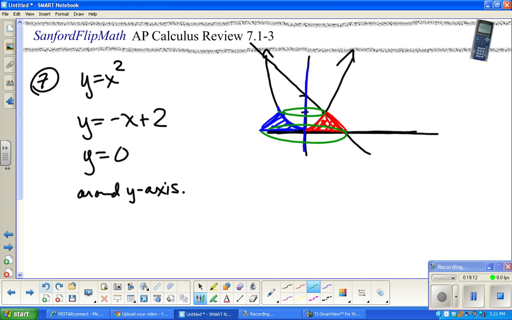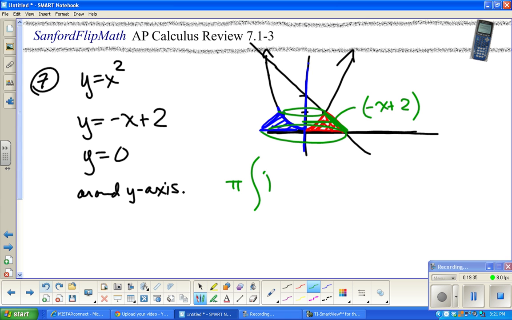Okay, so we're doing 7. Now, if you do disk, it's going to be washer because it has a hole in the middle, but it's the same concept. So we're talking about pi times who knows what. The outer radius, wouldn't that come from this thing? And this guy right here is the negative x plus 2.